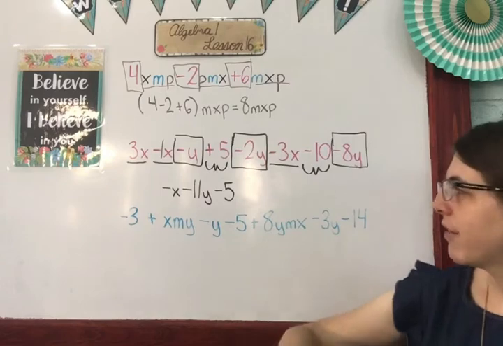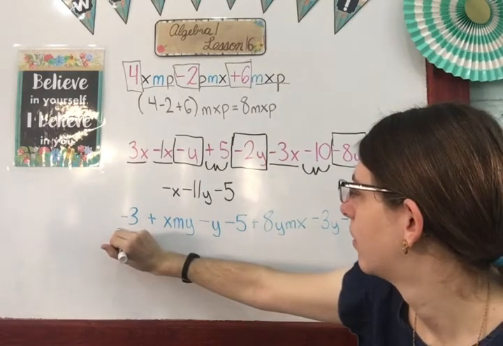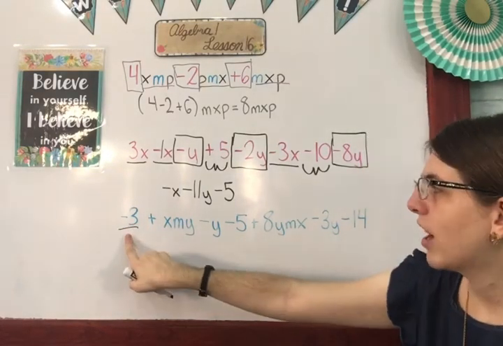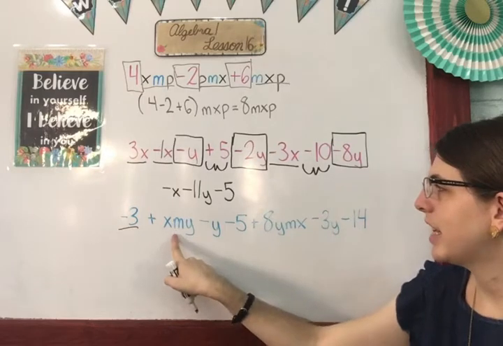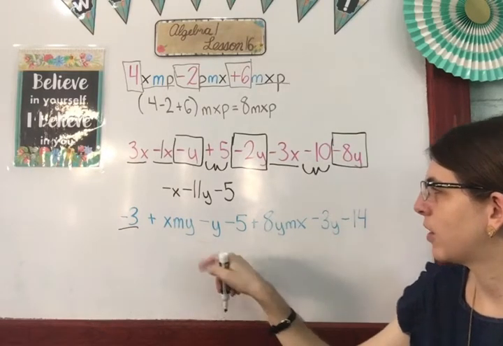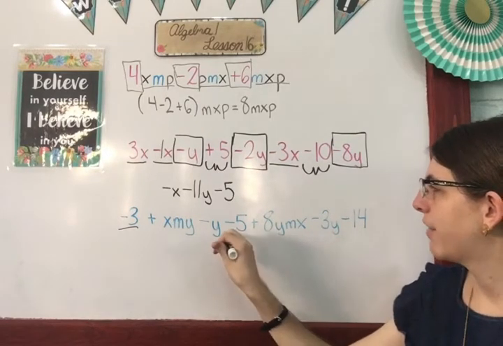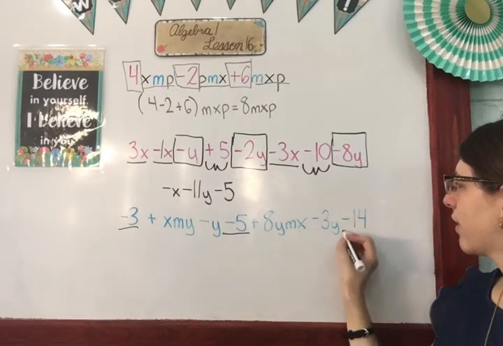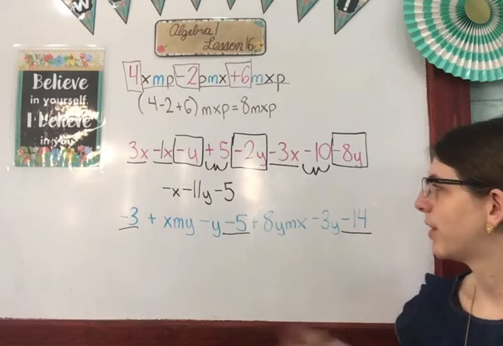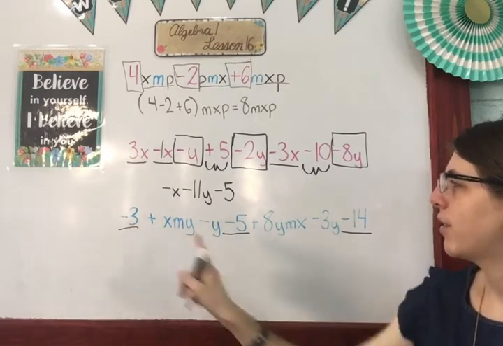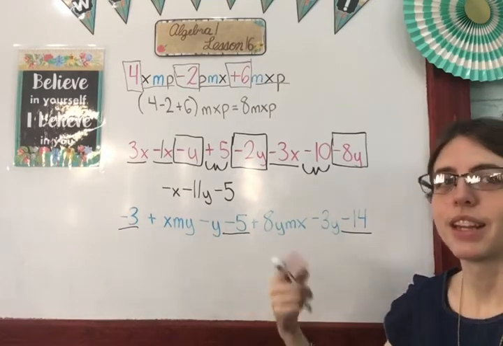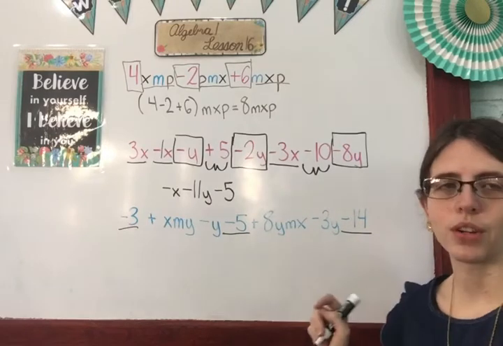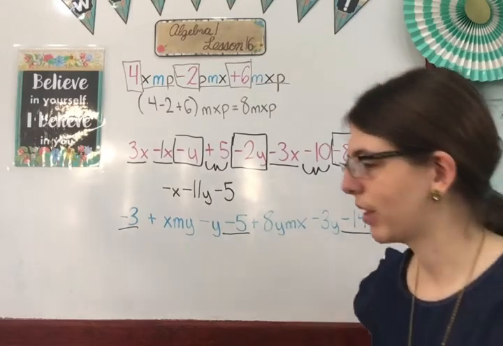So I have negative 3, no variables. Anytime I see variables, then I know that that's not going to be a like term. Negative 5, there's no variables. Negative 14, no variables. So let's combine them. Negative 3 minus 5, negative 8 minus 14, negative 22.